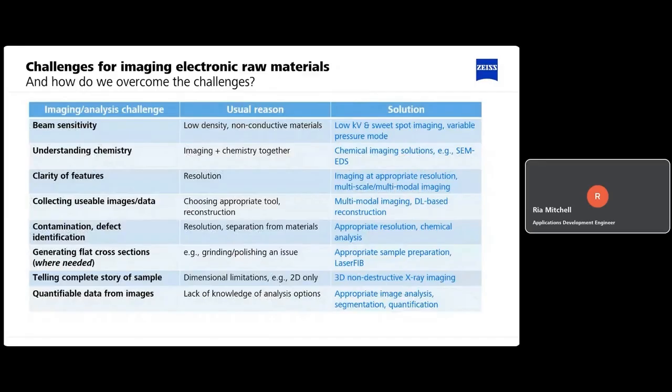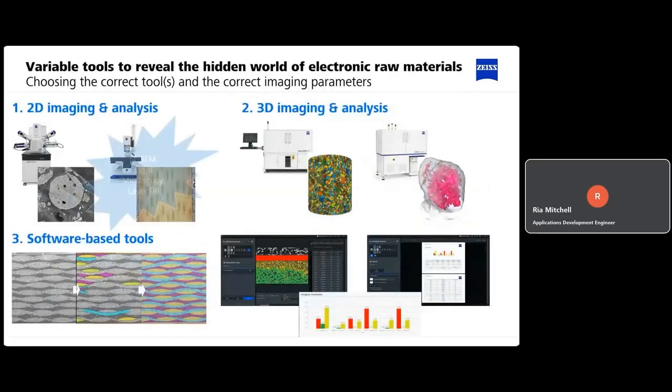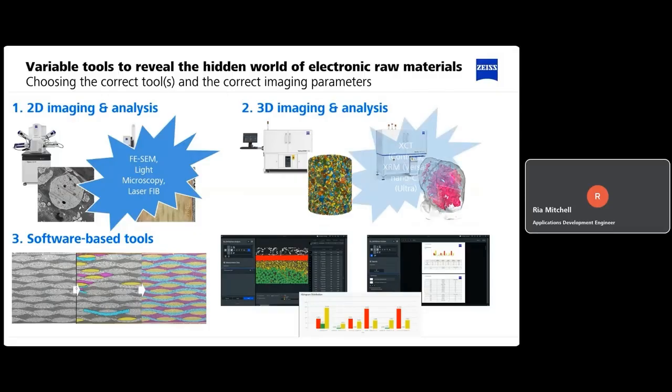I'm just bringing up this table just to show you how, hopefully, I have shown you a few of the different solutions in both 2D and 3D and some of our image analysis tools that can overcome some of those challenges I mentioned at the beginning. Just to summarize that then, for 2D imaging and analysis, we can use FESEM, light microscopy, and laser FIBs.